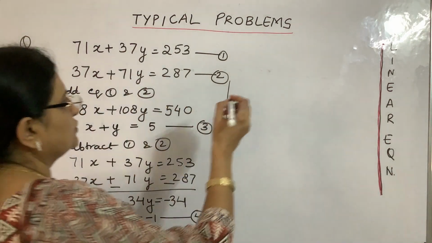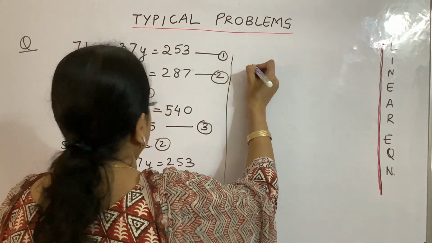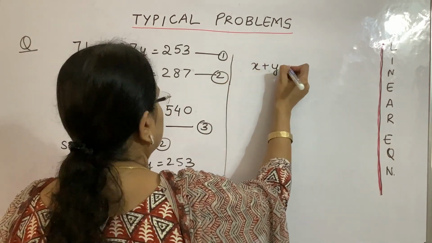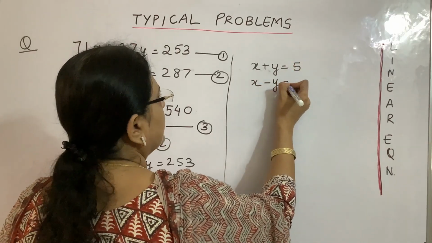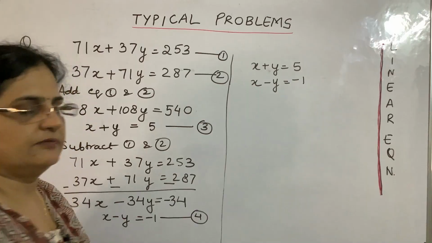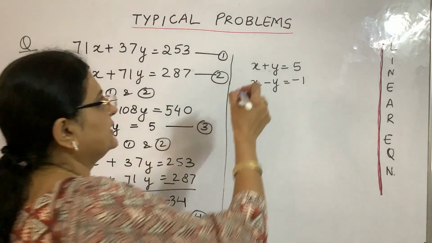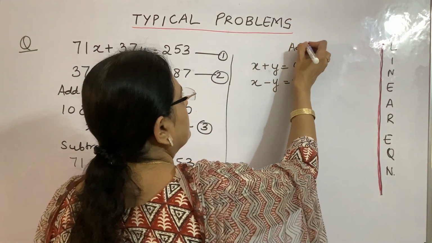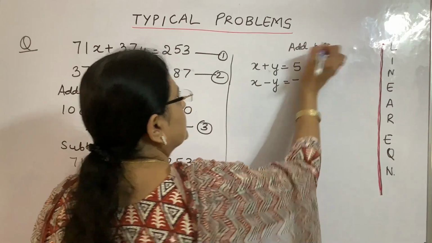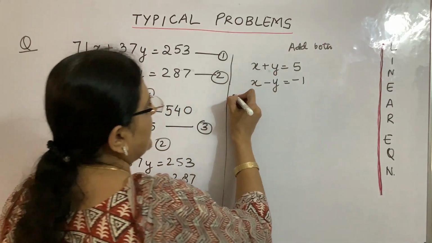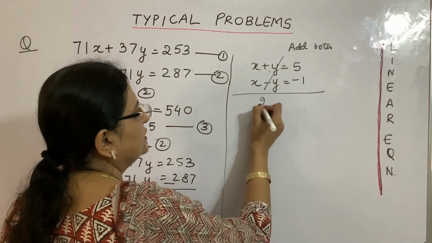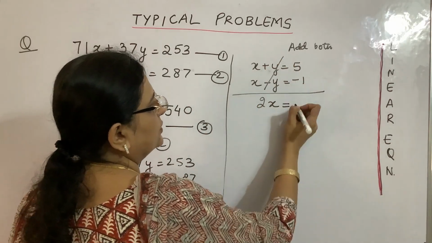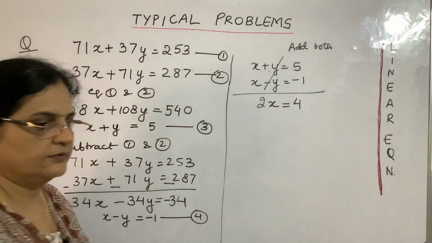Now you have to solve equations x plus y is equal to 5 and x minus y is equal to minus 1. So let us say add both equations. As soon as you add, this will cancel out and you will get 2x is equal to 4.